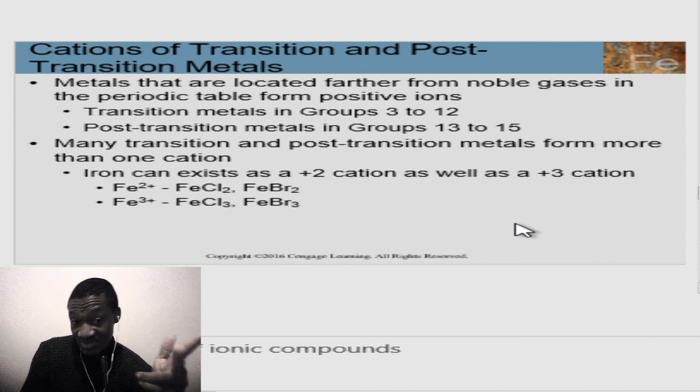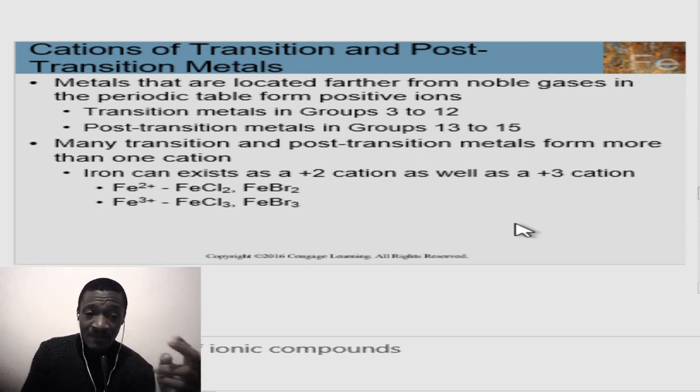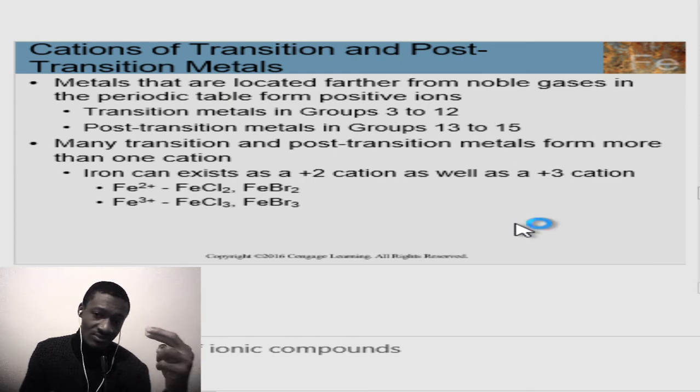So an example is iron. You can have iron 2, you can have iron 3, and there's another interesting characteristic that you have to look out for, and that's why electrical neutrality comes in handy, where you can see that you have 2 chlorine, so it should probably be 2 cations to balance up the 2 anions.